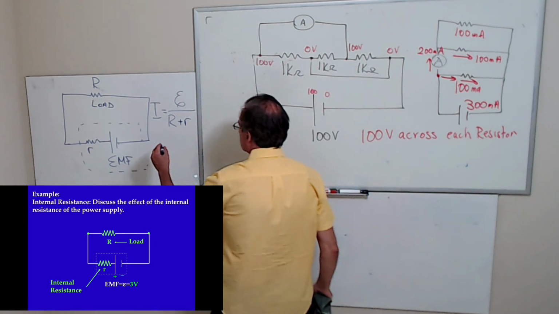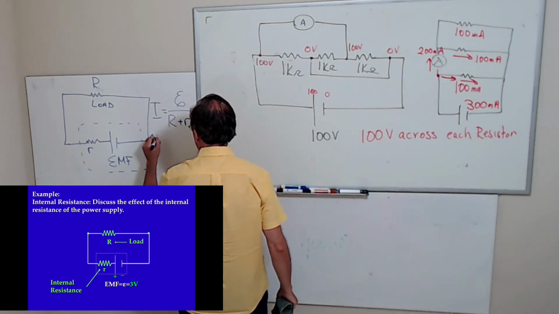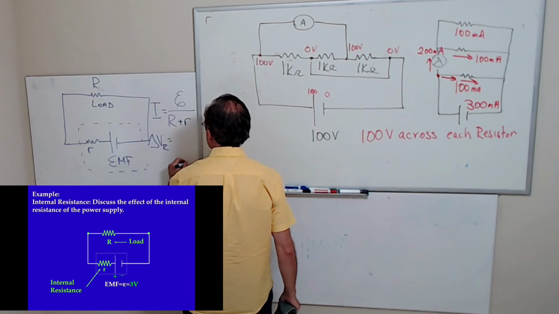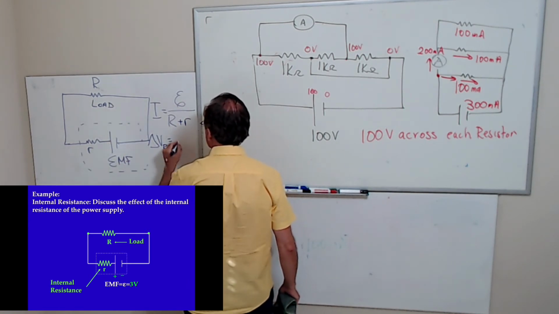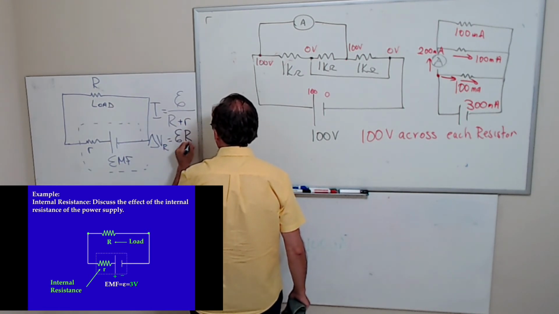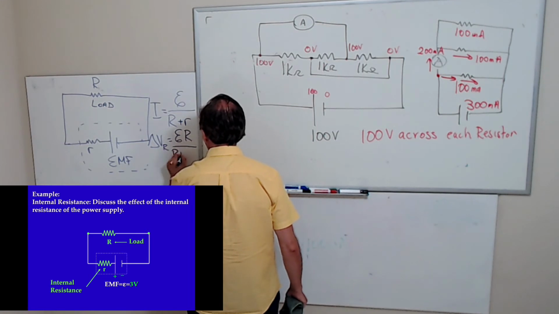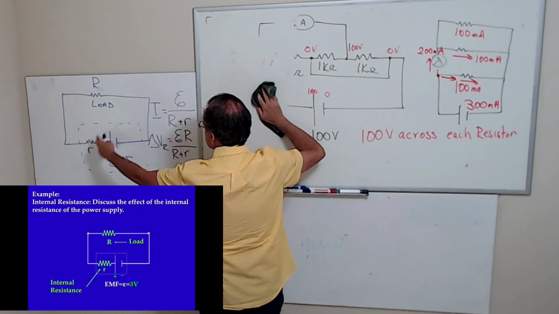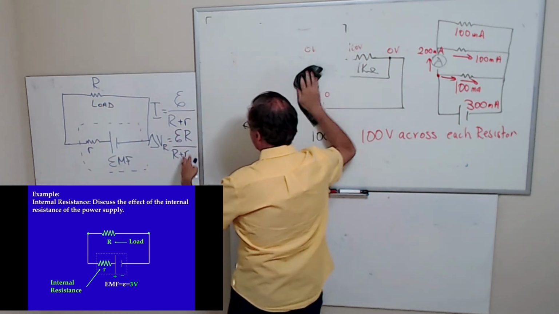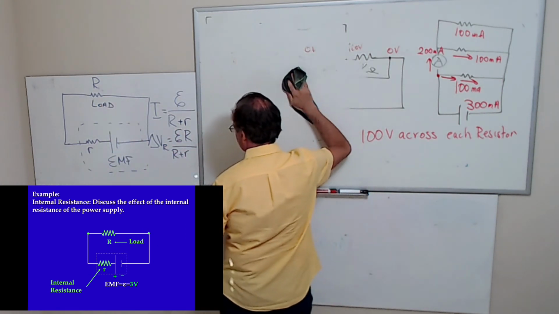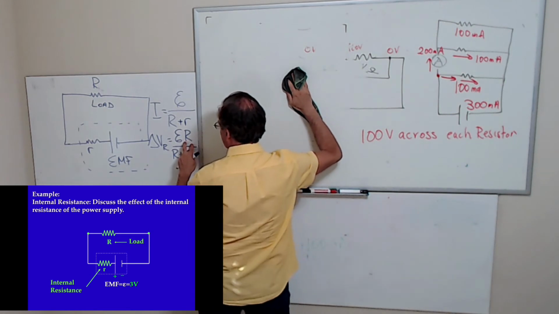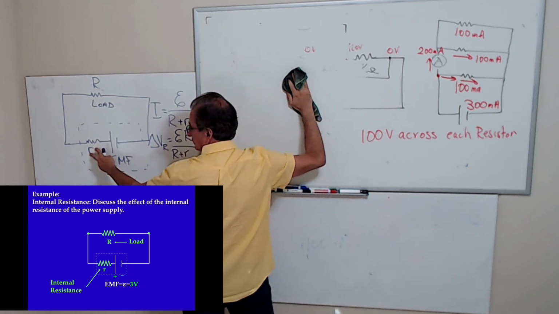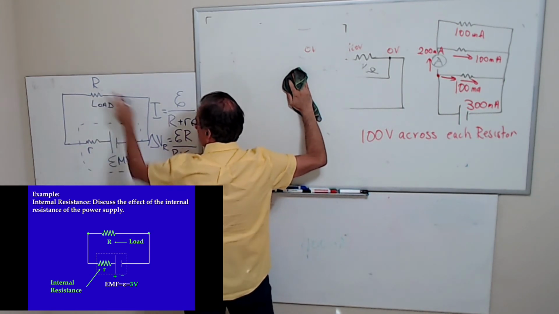Now the voltage across the load is going to be this current times that resistance. You can think of it as a voltage divider, because a certain percentage of the voltage is across this one and a certain percentage is across this one. You want most of it to be across the load.